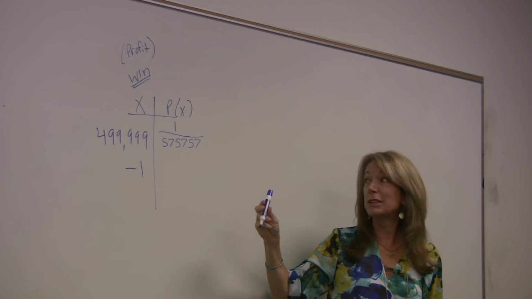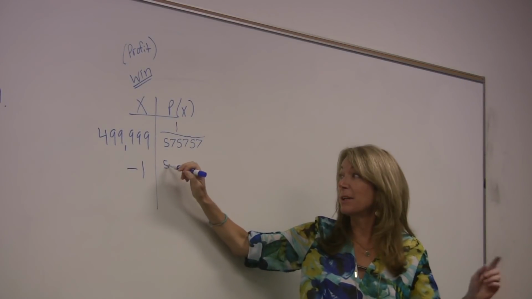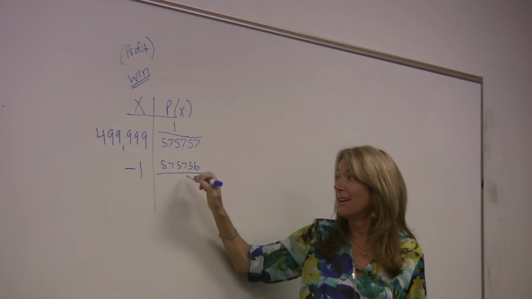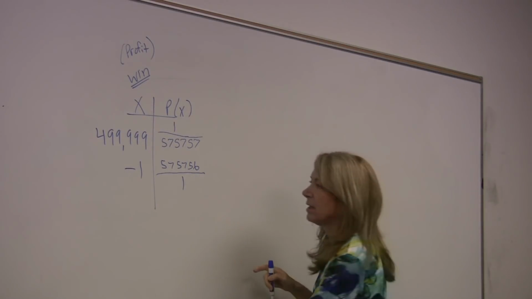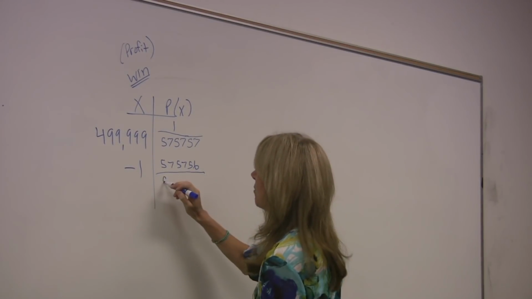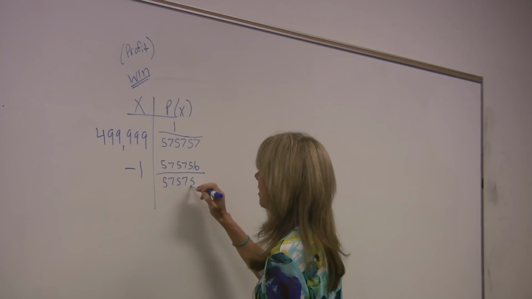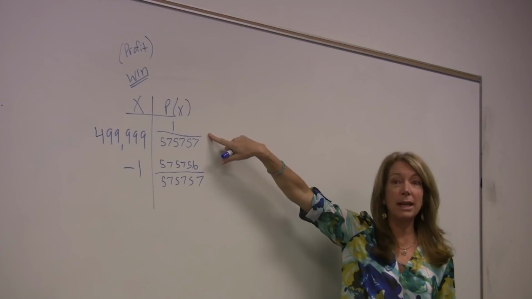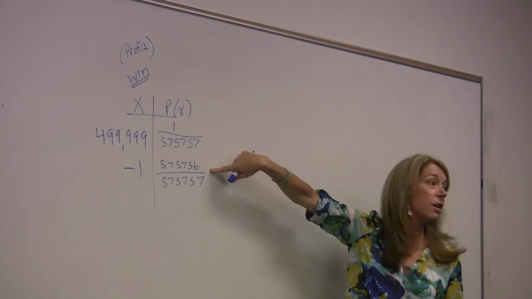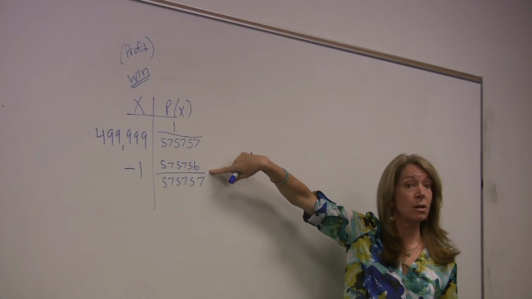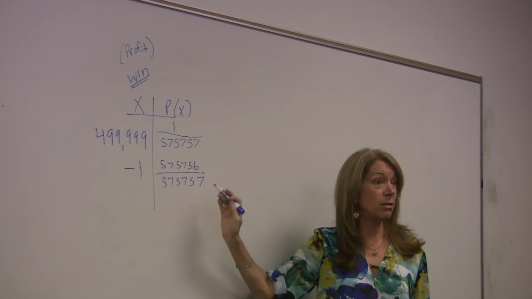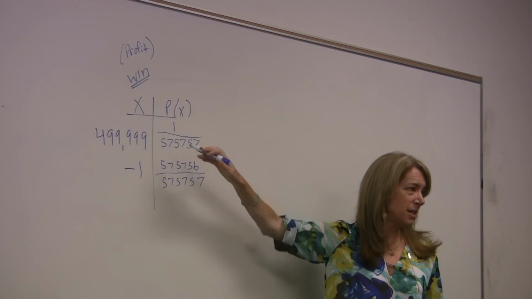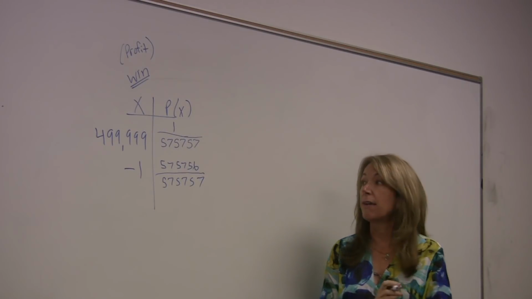And I hear somebody over here saying it. 575,756. These are all the probability of winning. There was only one way that I could win, and there are almost all the other ways that we could lose. We have to calculate this on our own. That wasn't given to us. Kirsty's idea of taking 1 minus this is the same thing. We'll be doing that after our break.